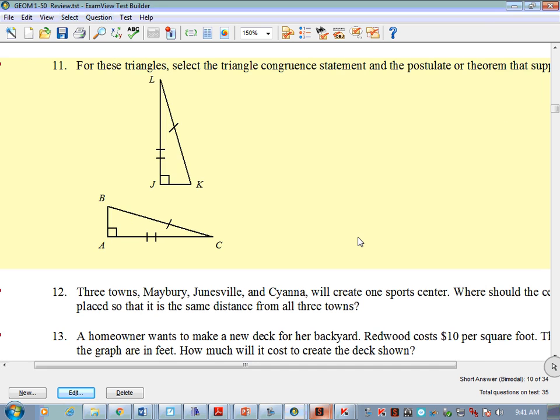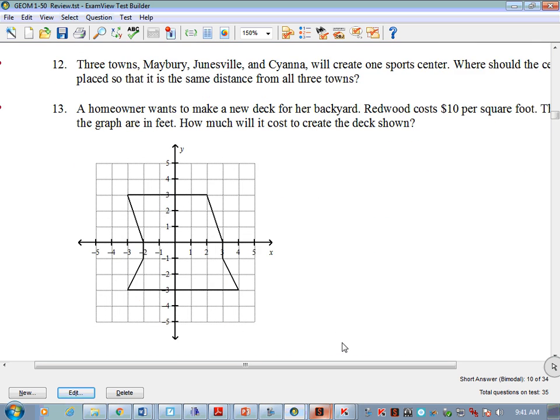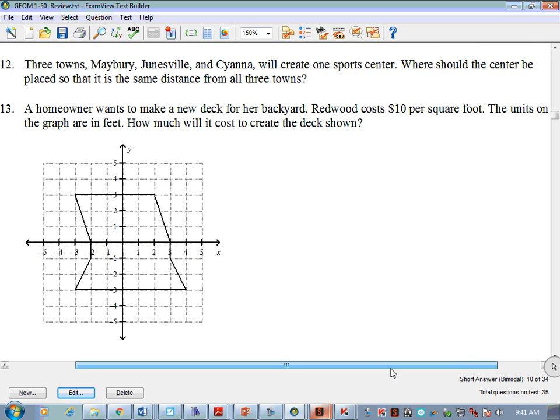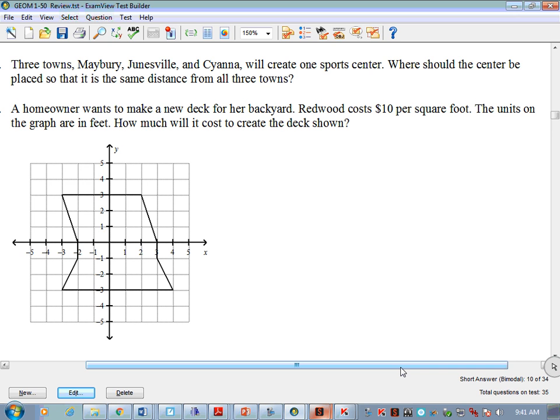Let's come on down to 12. May or may not be able to hit that 17 mark, but hopefully we'll be able to finish out in the other class. 3 towns, Mayberry, Junesville, and Siena will create one sports center. Where should the sports center be placed so it's the same distance from all 3 towns?